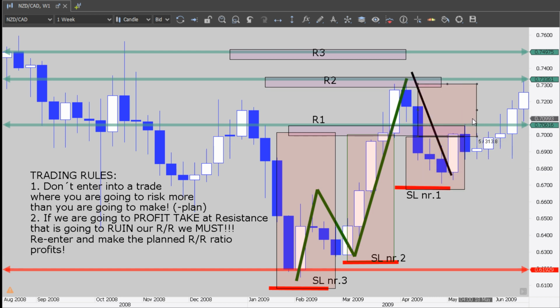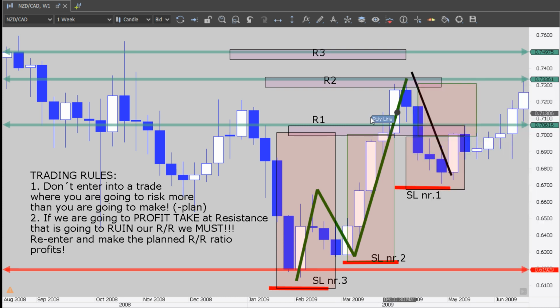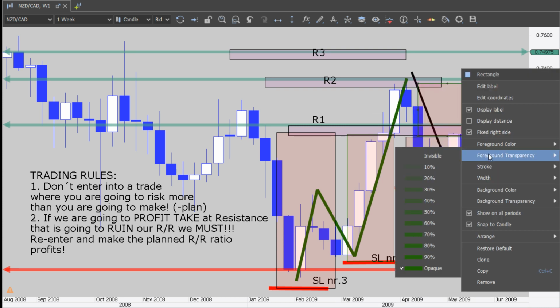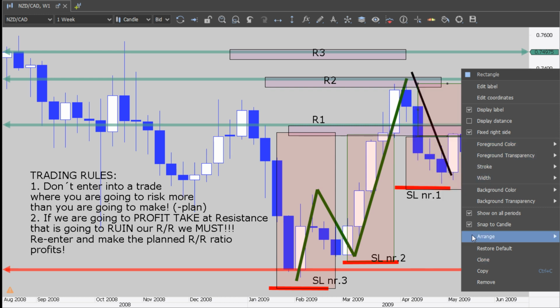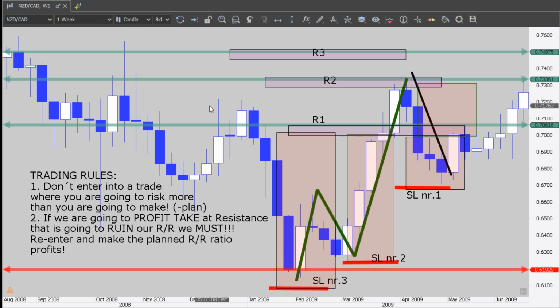But the problem with 1-to-1 is that you are going to work like a horse or a dog or whatever, and you aren't going anywhere. Okay? 1-to-1 is better than when you are risking more than you are profit taking, but 1-to-1 trades are bad, believe me, because you are going to win one, lose one, win one, lose one. You aren't going anywhere, everybody, with 1-to-1 risk-reward ratio.